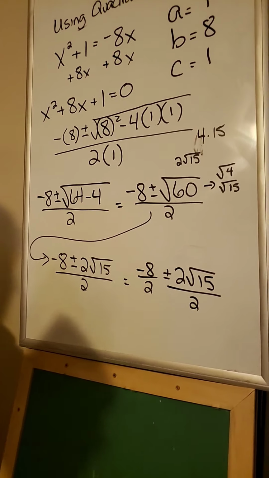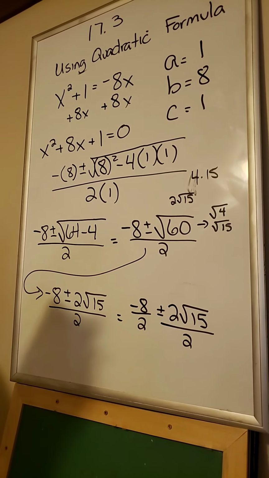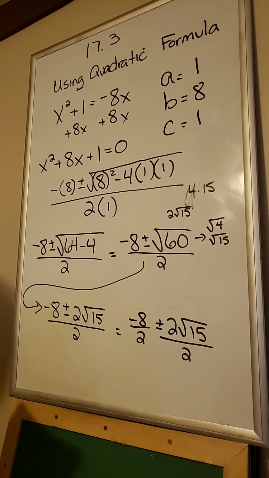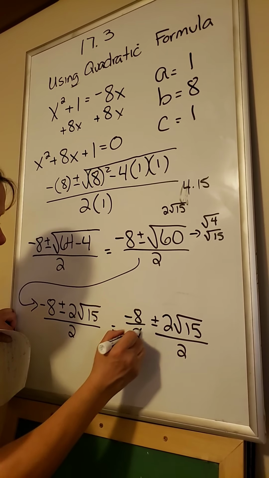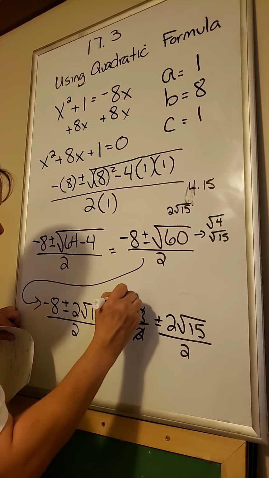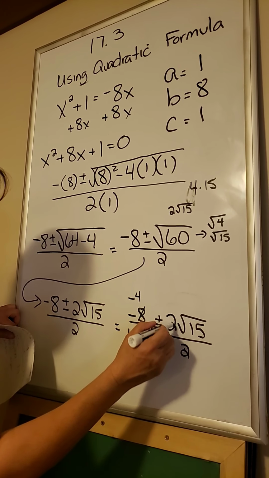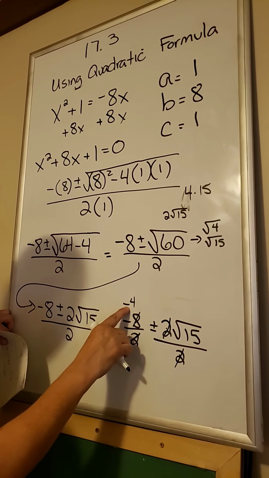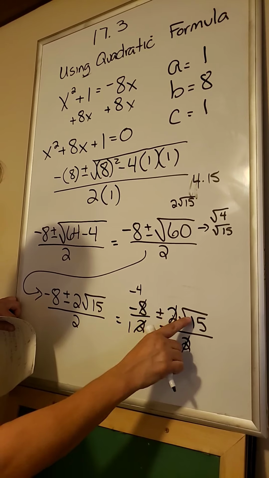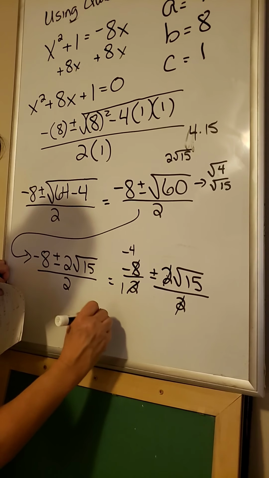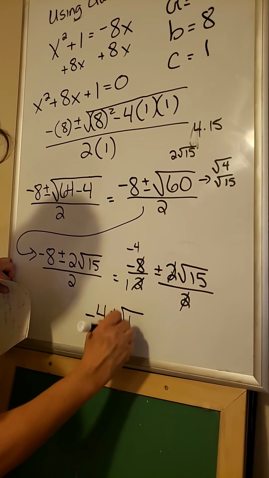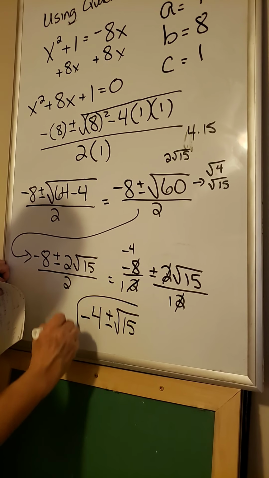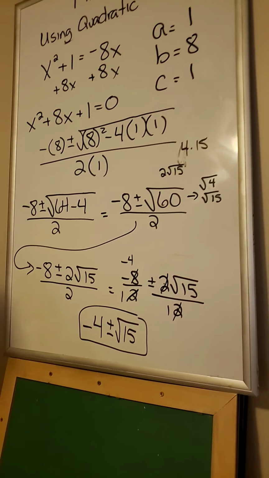So I can rewrite this as 2 separate fractions, and the reason I want to do that is so I can reduce. 2 goes into negative 8 four times, so that gives me negative 4. 2 and 2 cancel each other out. So I'm left with negative 4 plus or minus radical 15 over 1. I can just leave it like that. That is my simplified answer.